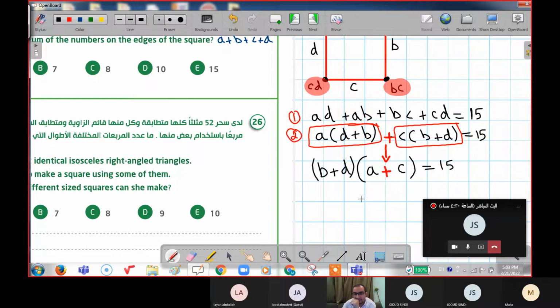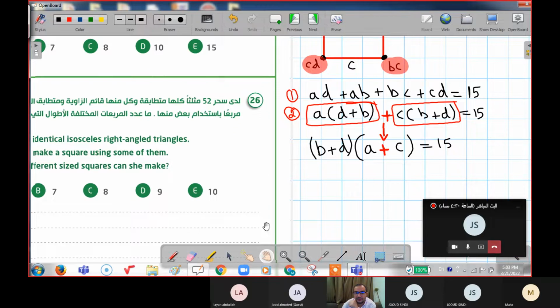So 15 equals, if we make it into multiples, 1 times 15 or 3 times 5. So we have two choices here: 1 times 15 gives me 15, or 3 times 5 gives me also 15.